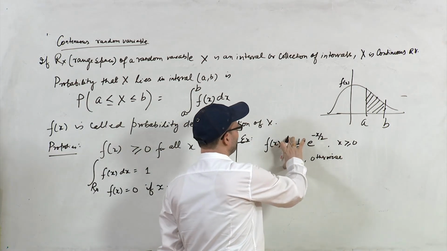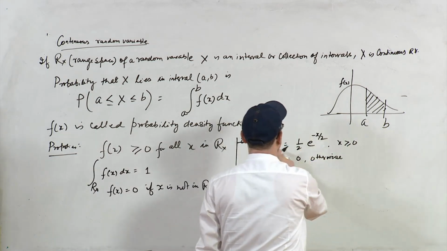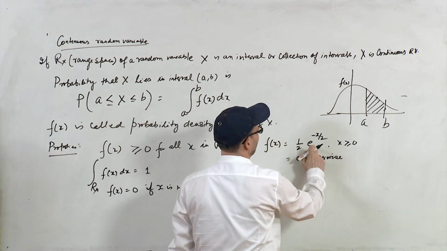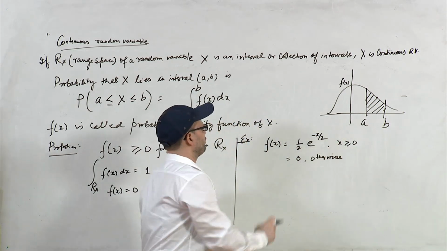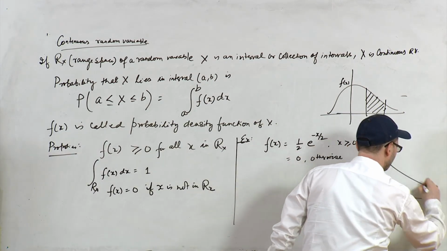In that case, you have x greater than or equal to 0, and the function value is half e raised to minus x by 2. If you put x as 0, it will be 0.5. If you take the graph of this, it will be an exponential graph going down like this.